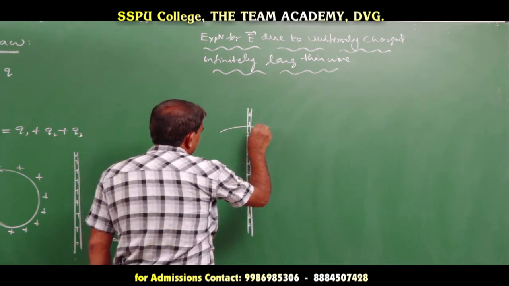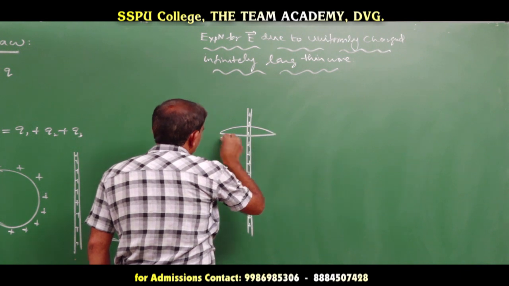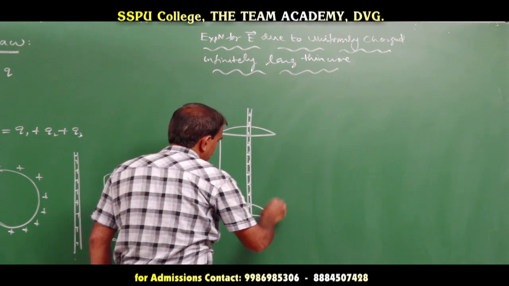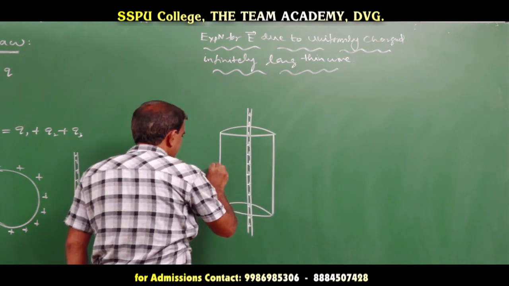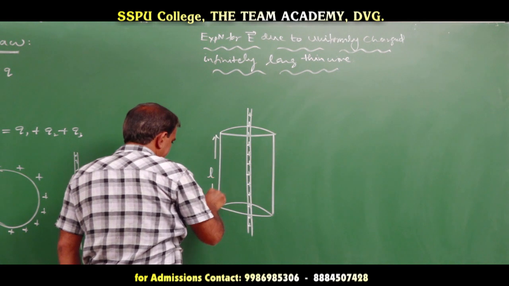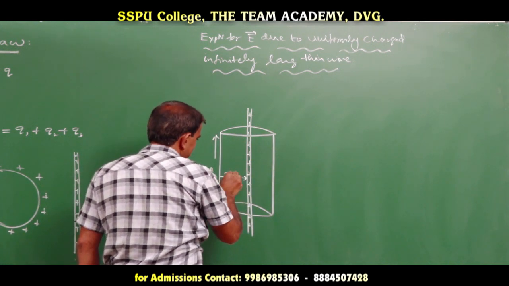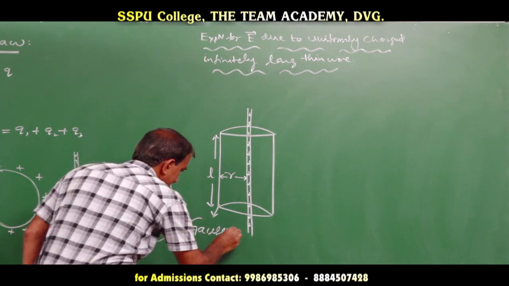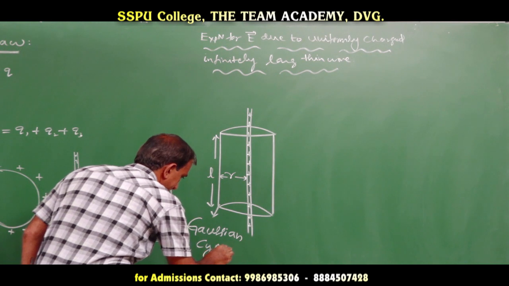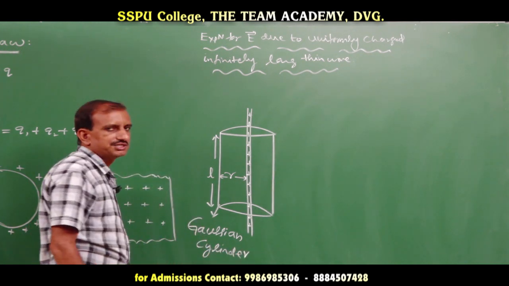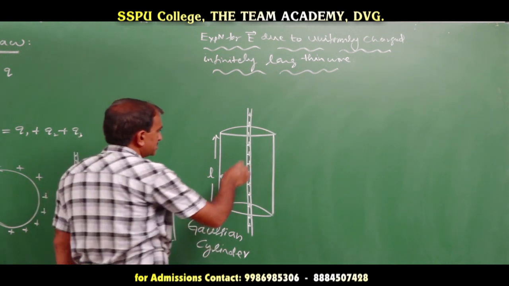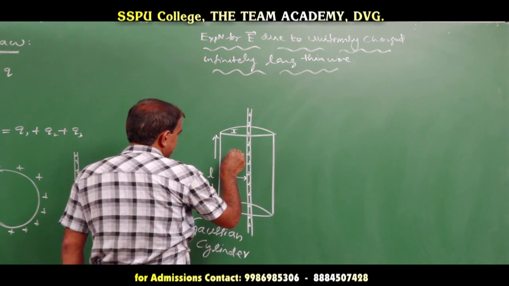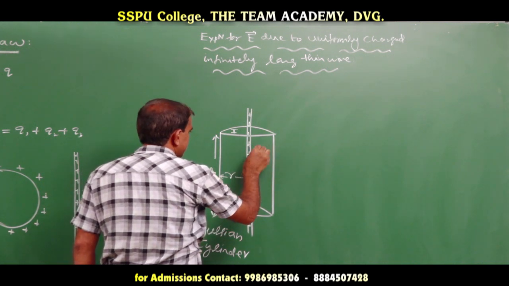Imagine this is a Gaussian cylinder coaxial with the wire, of length L and radius R. This imaginary cylinder is called the Gaussian cylinder. This Gaussian cylinder has three surfaces: this is end cap 1, this is end cap 2, and this is the curved surface 3.